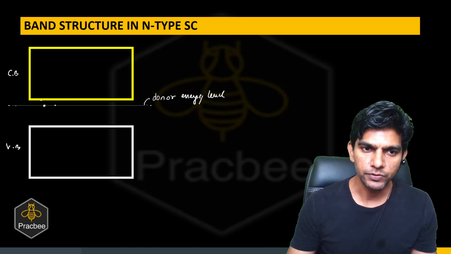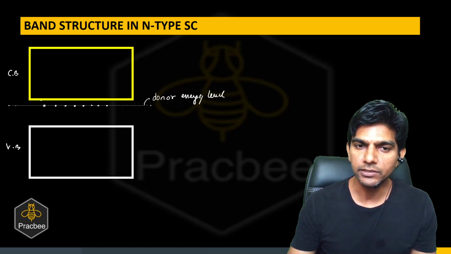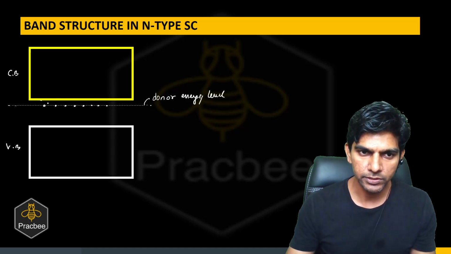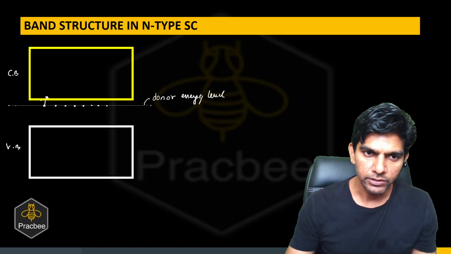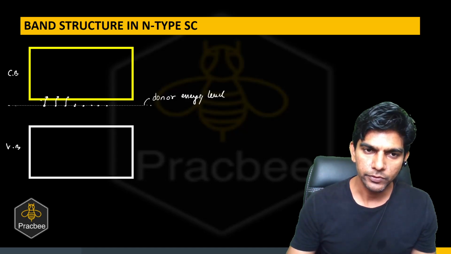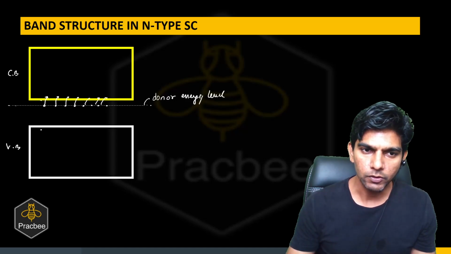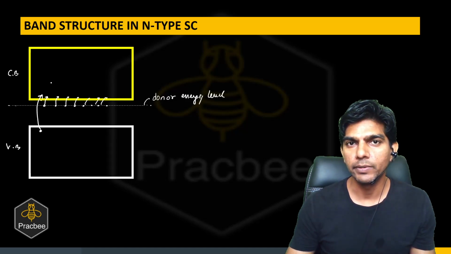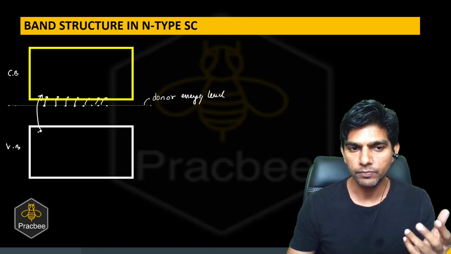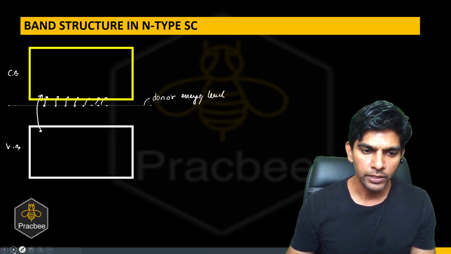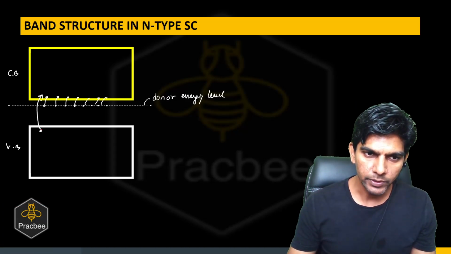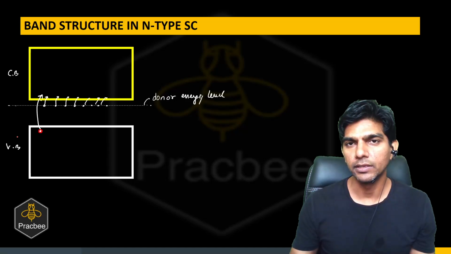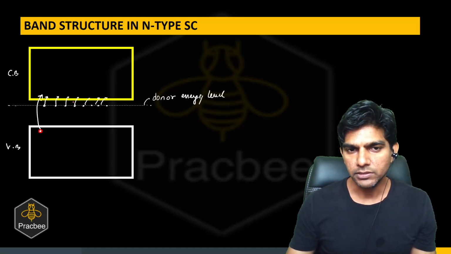It contains the energy of the electrons which are bonded with the phosphorus. They will gain energy and easily move to the conduction band, and take part in the conduction process. And there will be some electrons which move from the valence band to the conduction band intrinsically, right? When the bond breaks, the electron will be released to the conduction band, and when that happens, a hole is generated in the valence band. So this we have to remember.